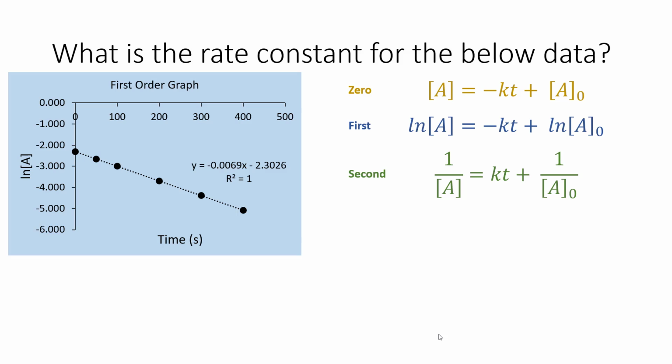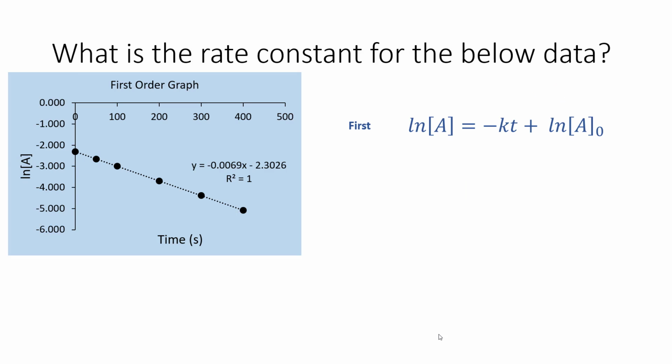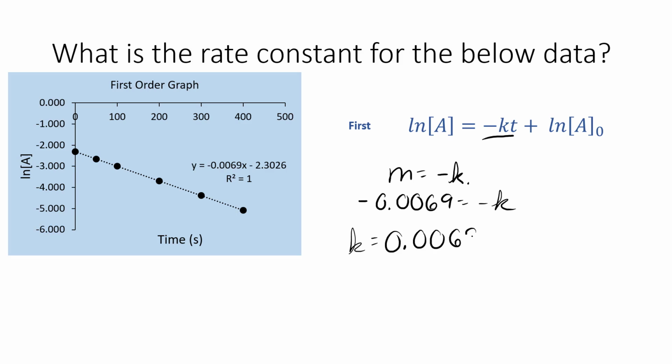So how do I then find the rate constant for this data? I remind myself that it's first order, therefore it follows this formula. I can then say my negative K equals my slope. So slope equals negative K: negative 0.0069 equals negative K. K equals 0.0069.